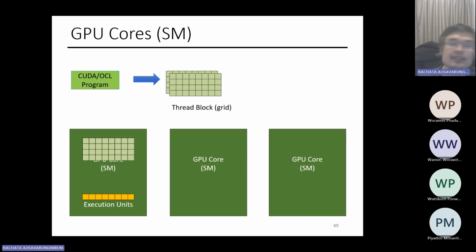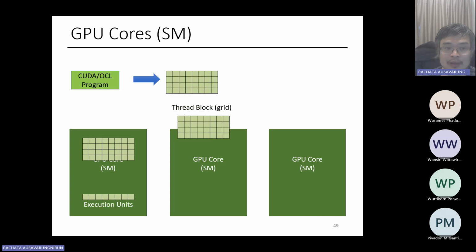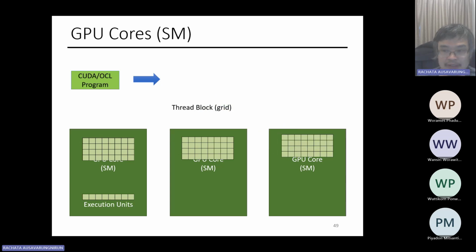So it would send a thread block into each of these SMs. Then one warp will be forwarded to the execution unit at any given cycle. You run this in parallel, and each of these thread blocks will be distributed across the SMs. Some of them will go to the same SM. So your program will always run in parallel.